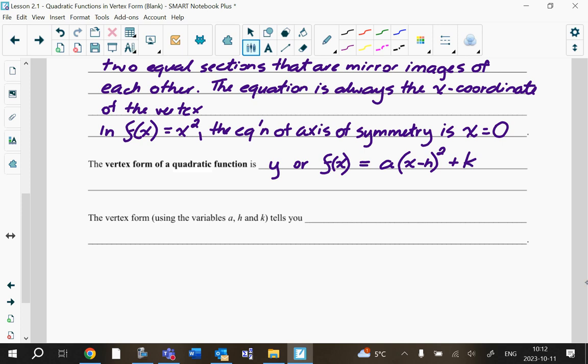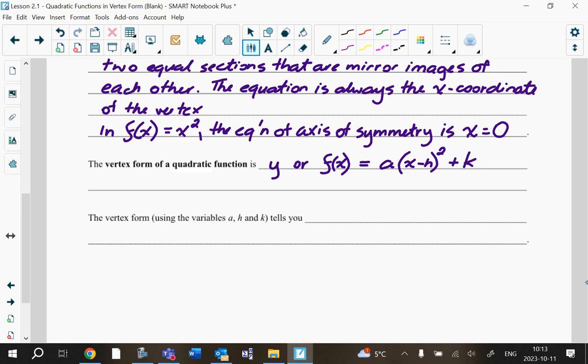All of these do something to the parabola. They change it in some way. So we're going to talk about each one separately. What happens if there's a number after the x squared? What does it do to a parabola? What happens if there's a number in front of the x squared getting multiplied? What does it do? What happens if that number is negative? What happens if there's a number inside being added or subtracted to x and then squared? Each of those do different things.